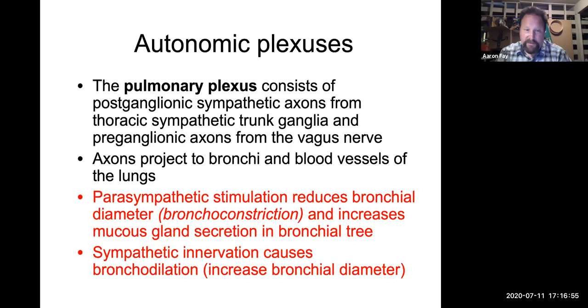Parasympathetic stimulation reduces the diameter of your airways, bronchoconstriction, activates mucosal glands, right? So you're going to start producing mucus inside your lungs, right? This is important for protecting you. Sympathetic innervation causes bronchodilation, opens up the airways in your lungs.